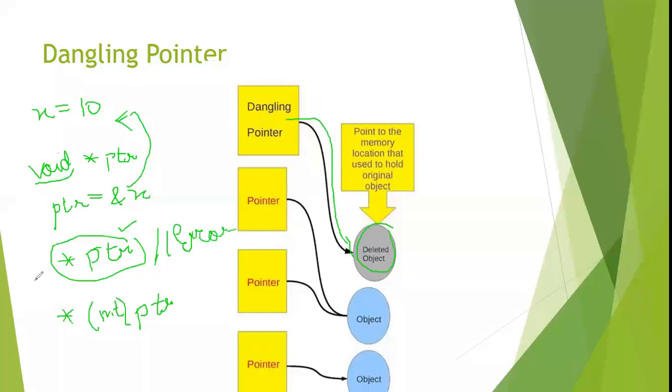Because for the compiler, the data type of this pointer is void, nothing. So we need to do typecasting. We need to tell the compiler that yes, this pointer is pointing to variable x, and the return value of this pointer will be an integer. So in this case, my output will be 10. Did you understand now? This is called typecasting. Bhagat, understood? Okay. This happens when we take a void pointer.